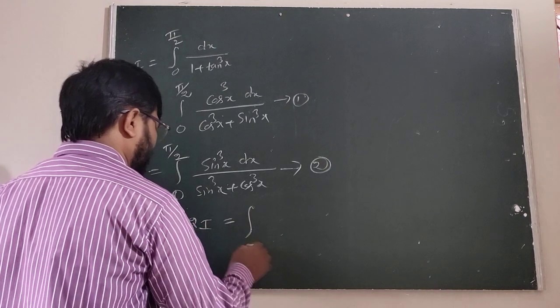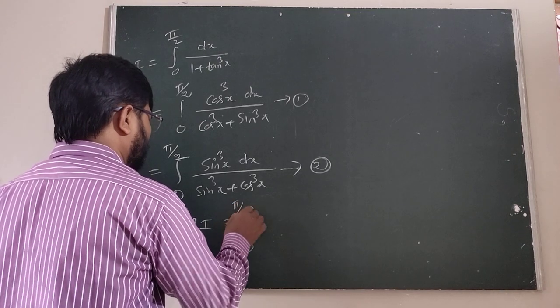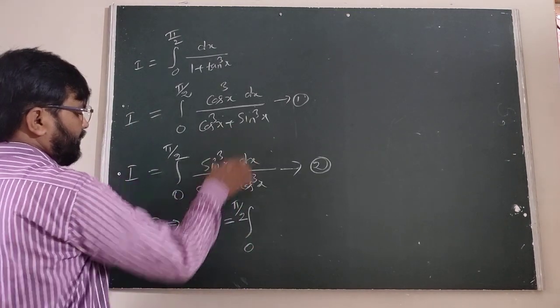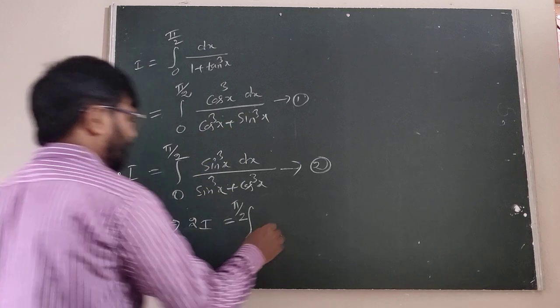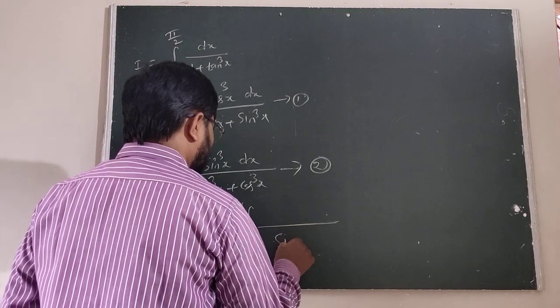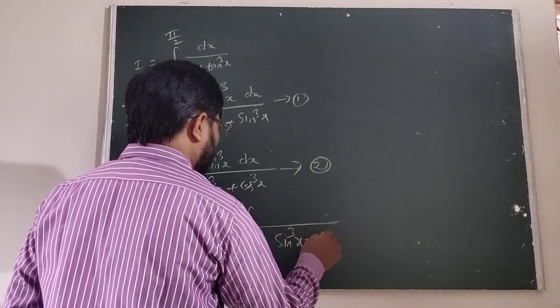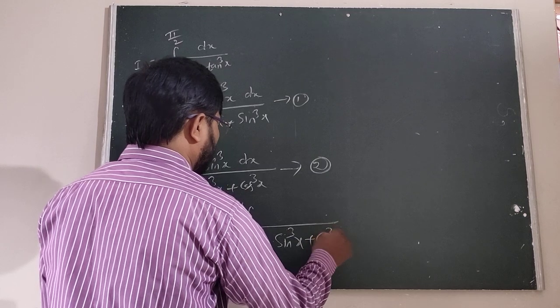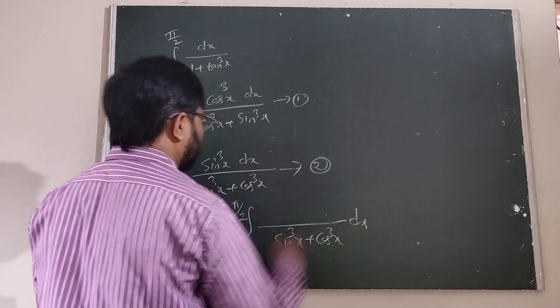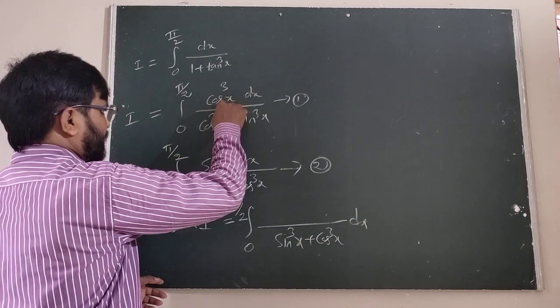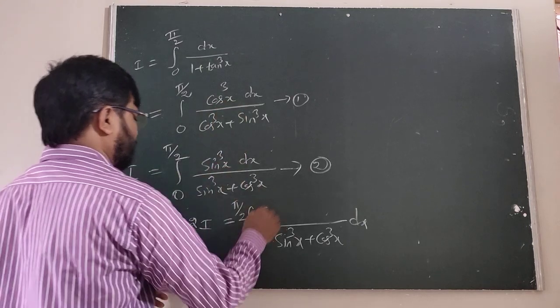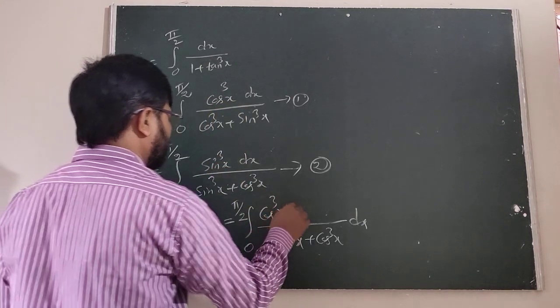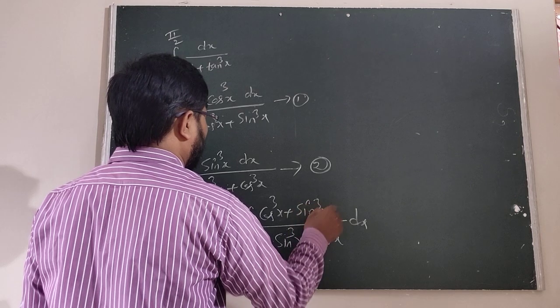After that, we can write the integral from 0 to pi by 2. When the denominators are equal, we take the common denominator sin cube of x plus cos cube of x into dx. The numerator is cos cube x here and sin cube x there, so cos cube of x plus sin cube of x dx.